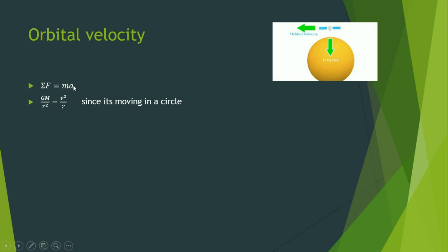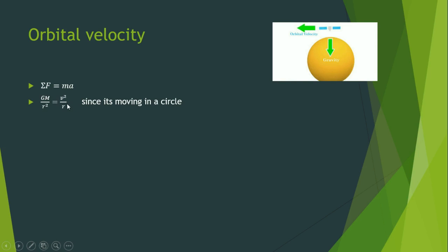And instead of acceleration, we put centripetal acceleration, from the last video. Because whenever you're in orbit, you're moving in a circle around the planet, so you're always turning and accelerating centripetally.